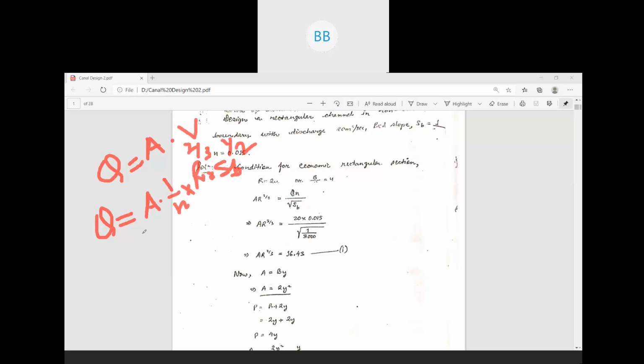Q multiplied by n divided by root over S_b is equal to A r to the power 2 by 3. So from this expression you can find out A r to the power 2 by 3.